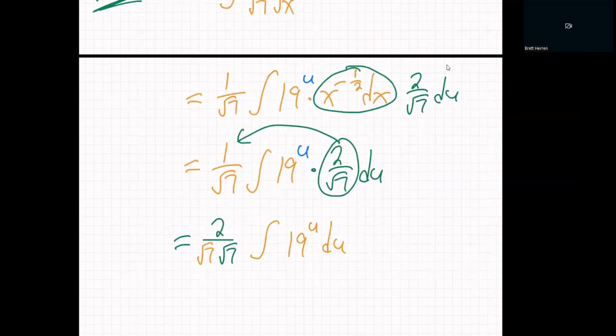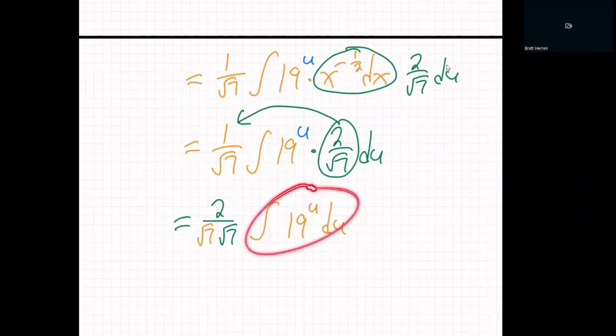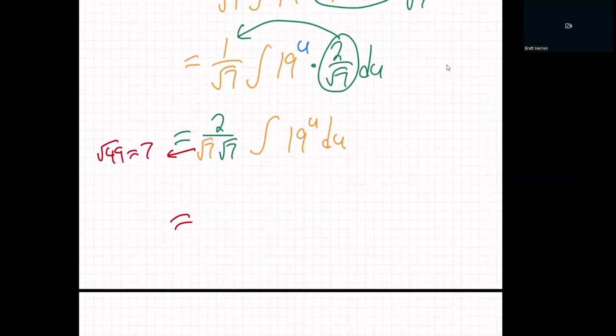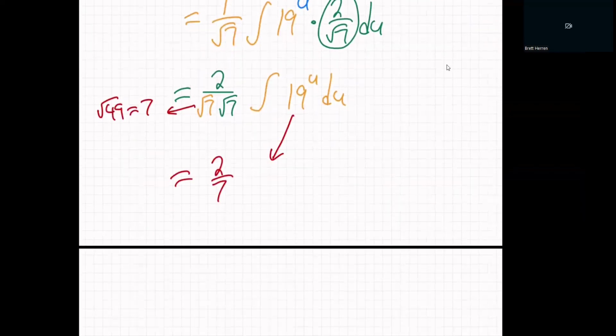Okay, well, how do we do this? Oh, by the way, this denominator is just going to become 7, because it's root 49, which is plain 7. So I'll just get rid of that. So that's 2 over 7.